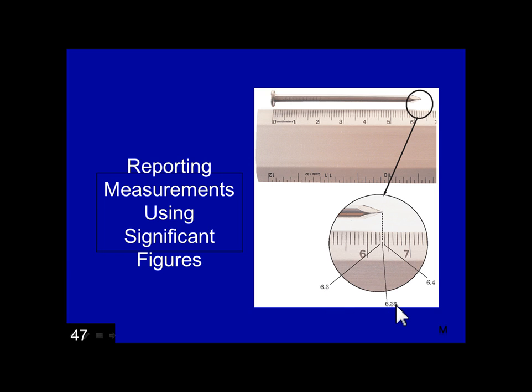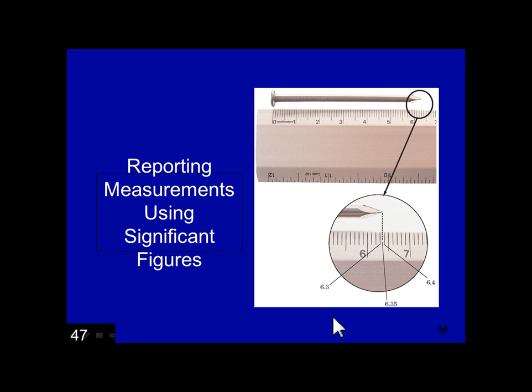If you thought it was halfway there, you'd write it as 6.35. You might say 6.34 or 6.36. That would be acceptable. The point being that you write down the numbers you know for sure, the 6 and the 3, and the 1 estimation. So this number here has 3 significant figures in this measurement.